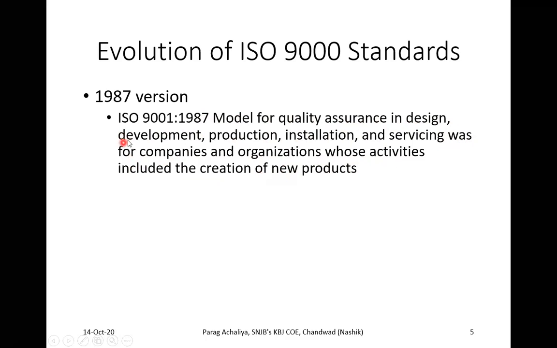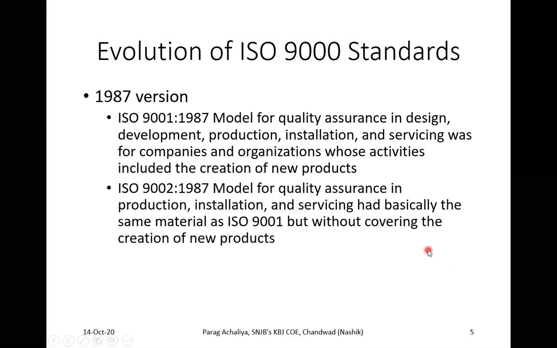So basically this ISO 9001 1987 model was going to focus on the design of the system, development, production, installation and the service the company is going to provide to the customer. It focuses on these activities, as well as on the various organizations whose activities included the creation of new product.